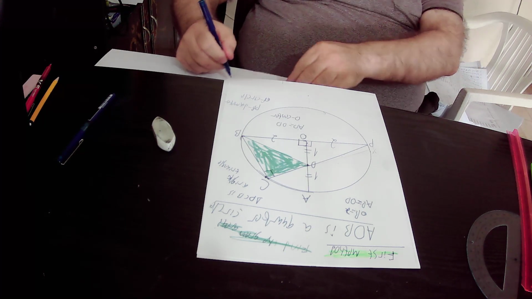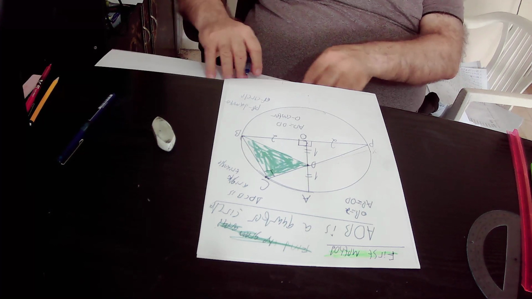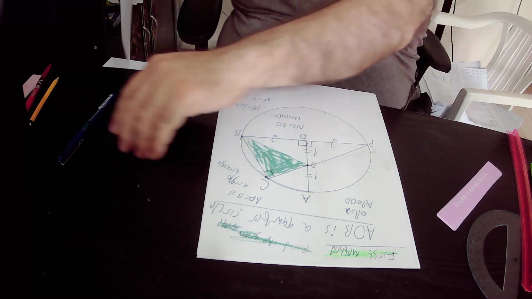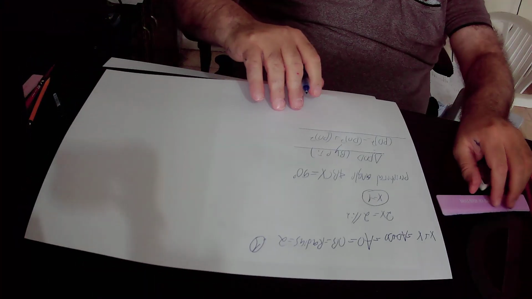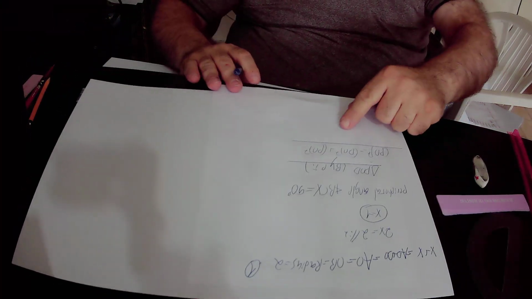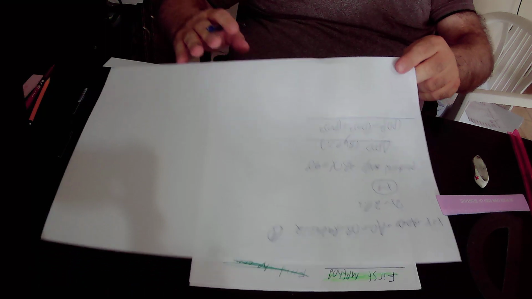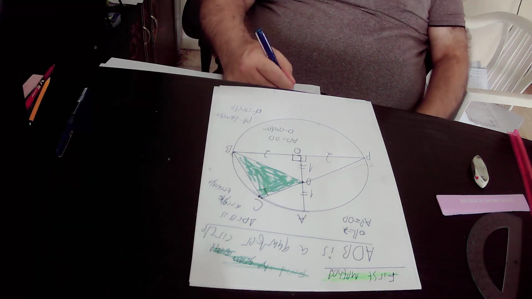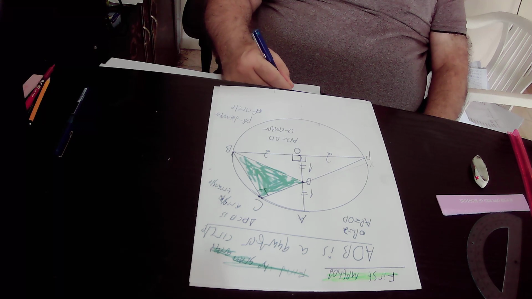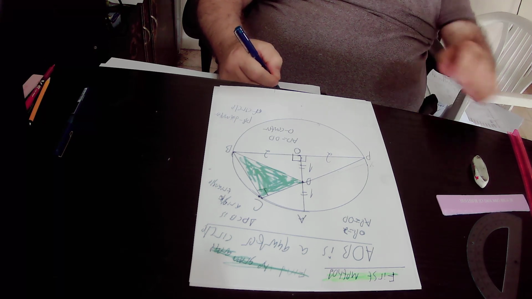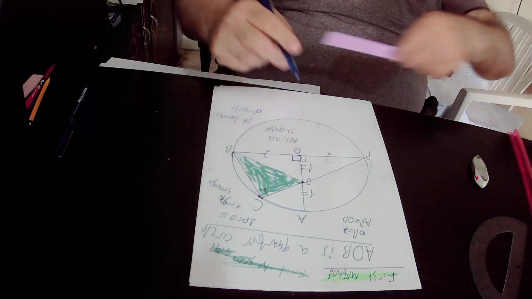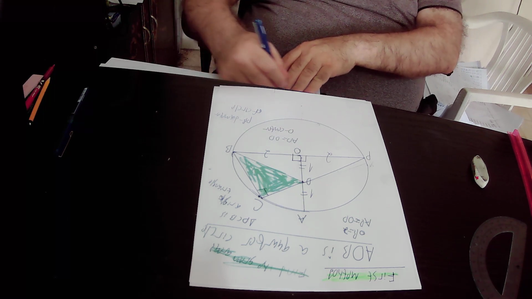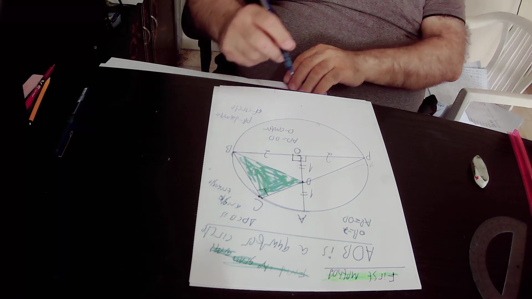I'll repeat again. In the right triangle POD, PD square equals DO square plus PO square. So PD square equals DO square; DO is 1, so DO square is 1 square, that is 1, plus PO square.